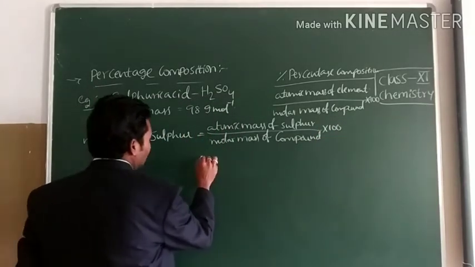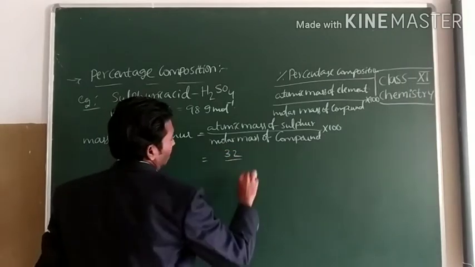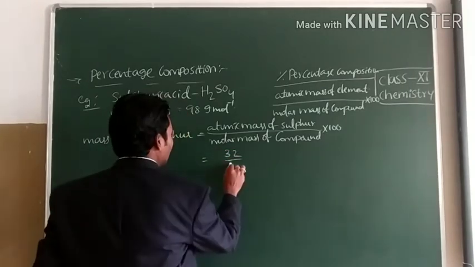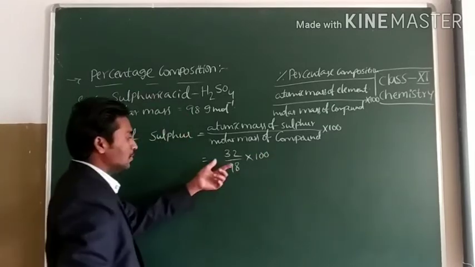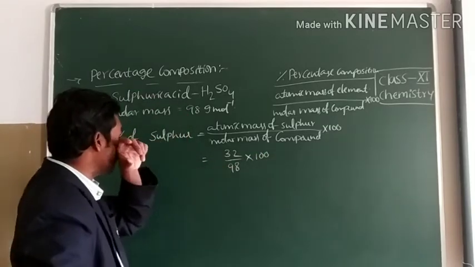The atomic mass of sulfur is 32. The molar mass of the compound is 98. So 32 by 98 into 100. If you simplify this, you will get the percentage of sulfur.